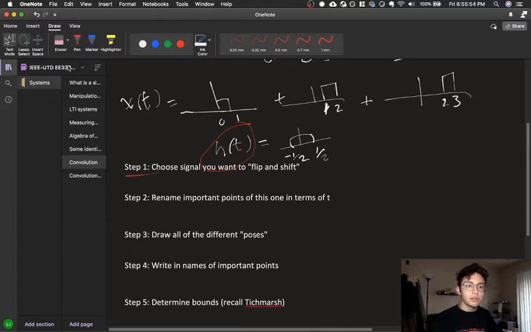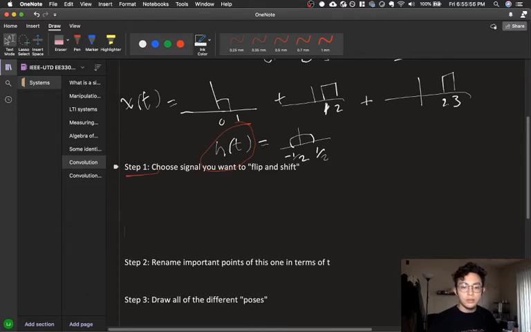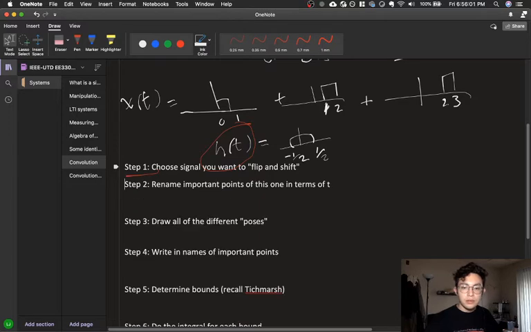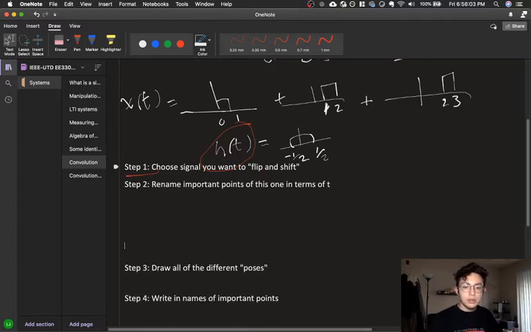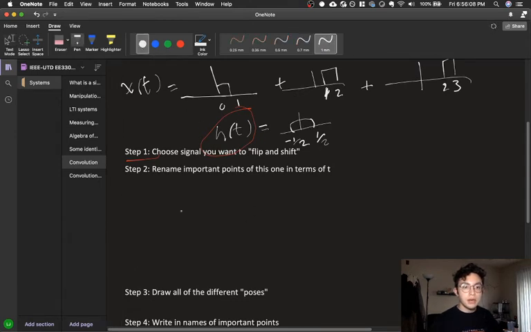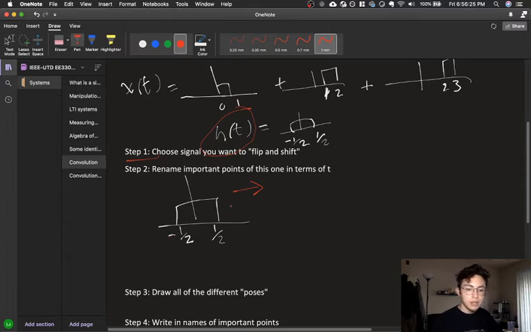One thing that you'll want to do is rename the function that you have, h in this case, in terms of t. So if we have h of t being this box from -1/2 to 1/2, what we'll want to do is rename all of the important points here, important being negative 1/2 and 1/2, basically the boundaries where the behavior changes.